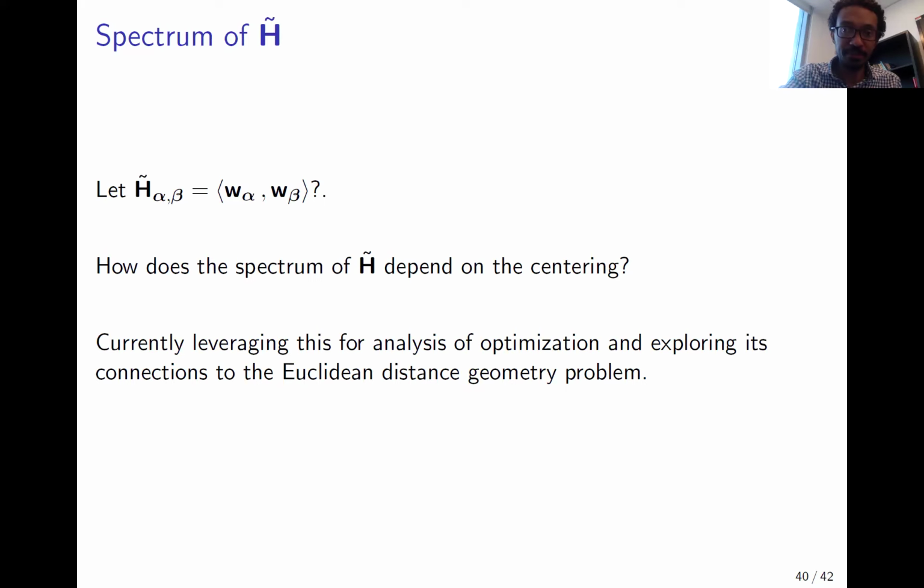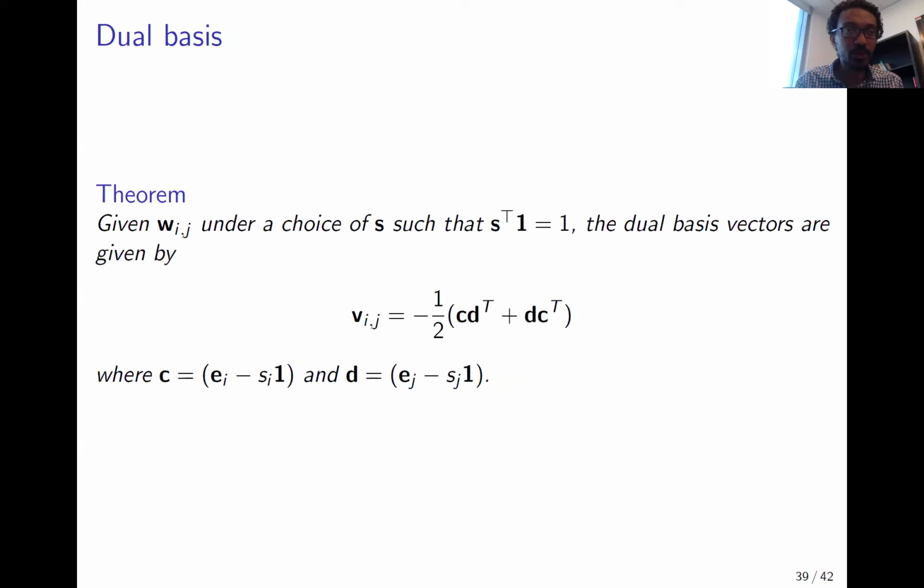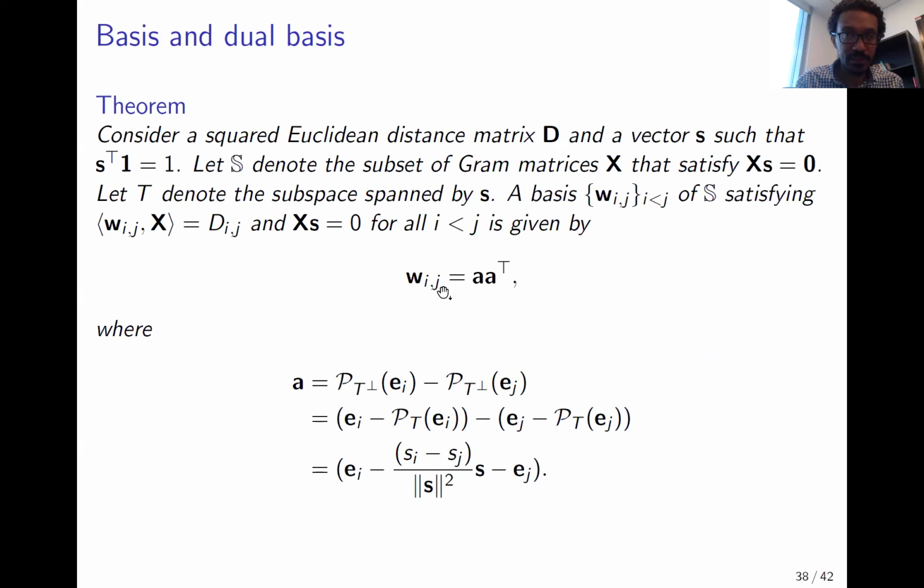Now here are some of the questions we are currently looking into. We don't have answers for these, and I'll be happy to hear any thoughts, questions or discussion. Initially we had this H matrix, and we defined this inner product matrix. Now the question is, how does that change when we do the centering?